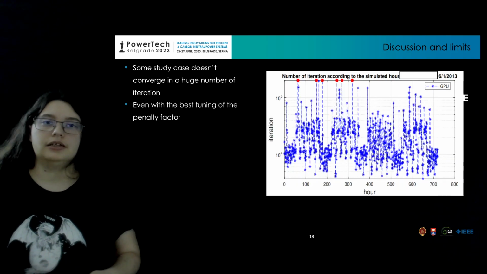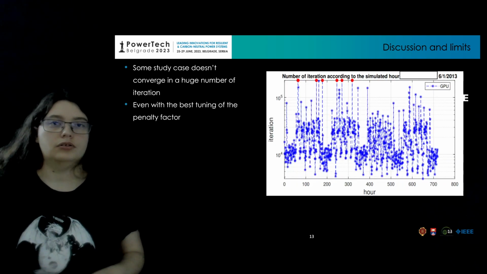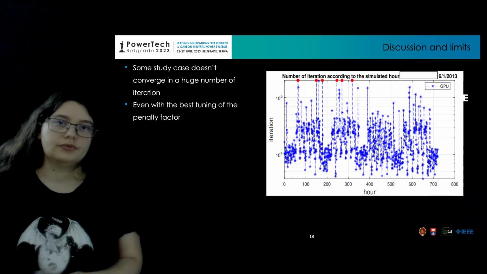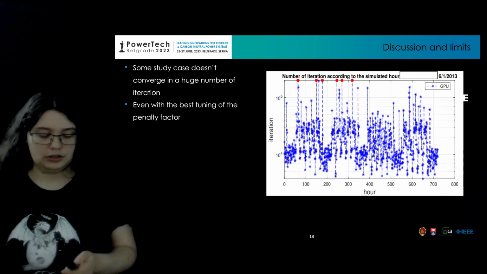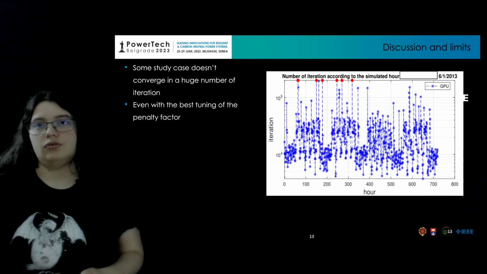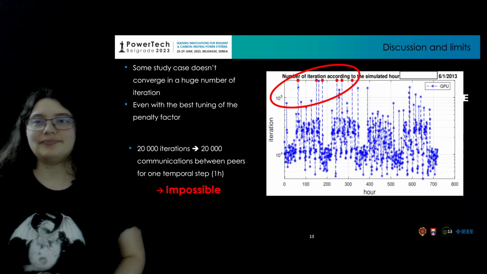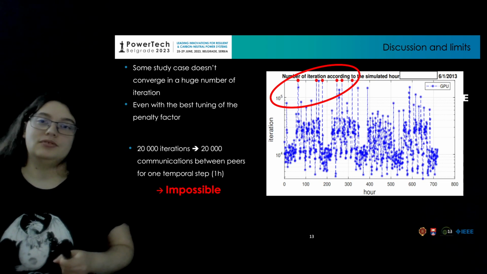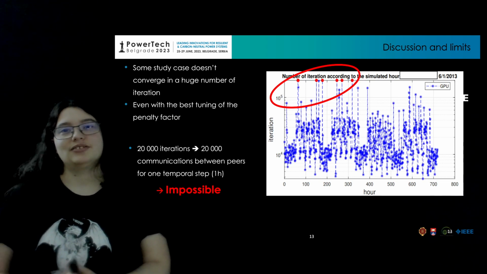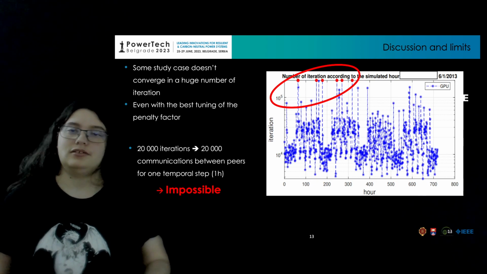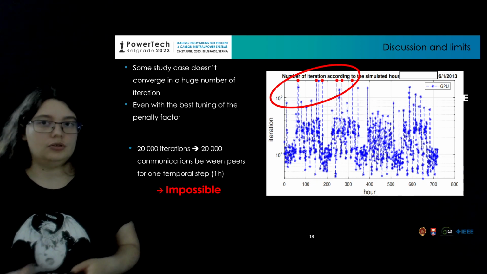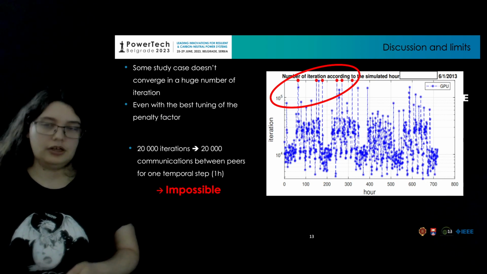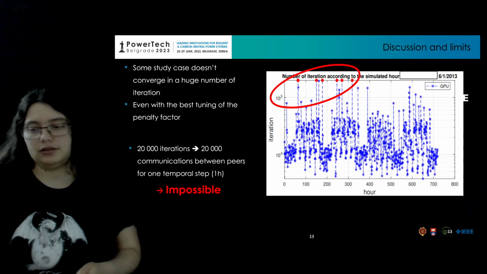So we can see here the simulation on all the month of June, and you can see here that 6 time steps don't converge. And 20,000 iterations means 20,000 communications between peers for one temporal step in real life, so it's clearly impossible to do in real life.